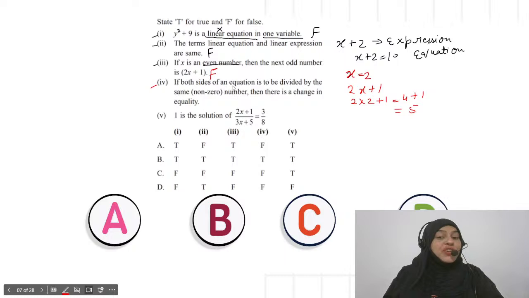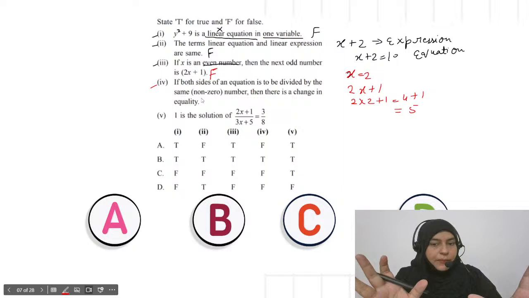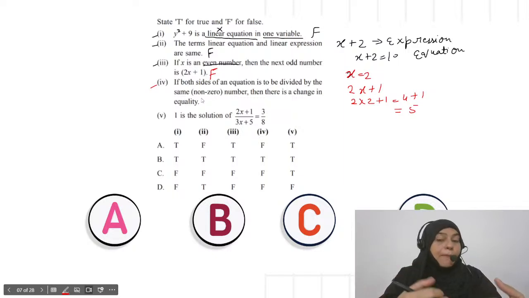If both sides of an equation are to be divided by the same number, then there is a change in equality. What do you think? Suppose we have two numbers and we are dividing them by the same non-zero number. So there is a change in equality. Suppose it is written 10x is greater than 2. If I am dividing by 2, it will be 5x greater than 1.